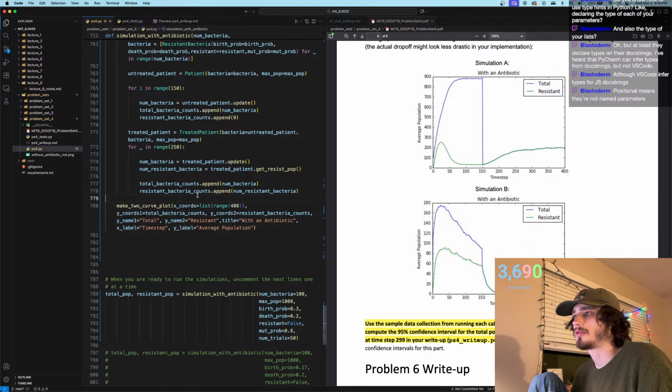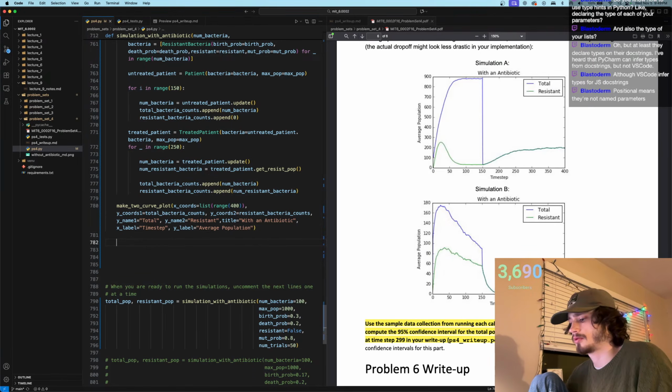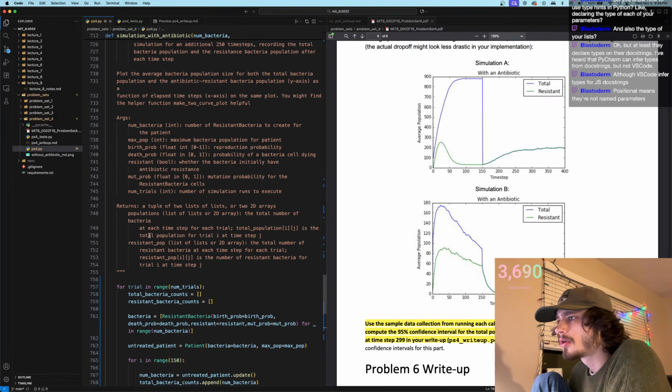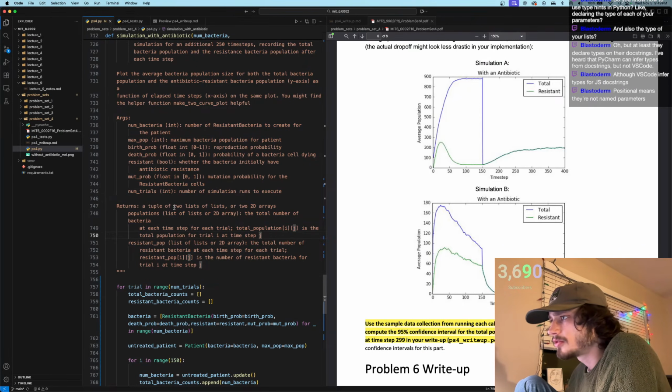So this returns total population. So it returns a tuple of 2D lists.